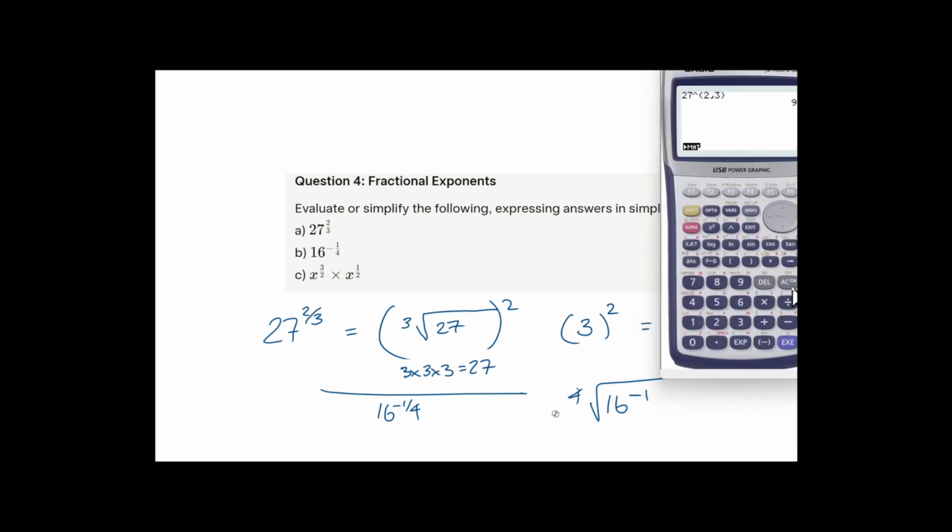Are we into bad territory here? And the answer is no. So 16 to the power of negative 1 is 1 over 16. Now, finding the 4th root, we're going to raise this to 1 over 4. And we get half.